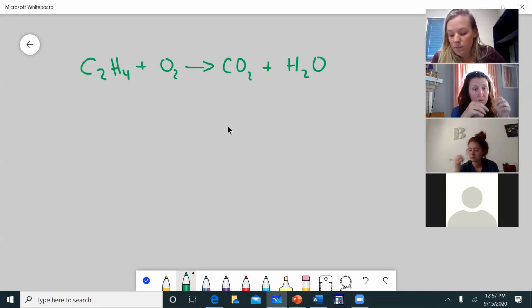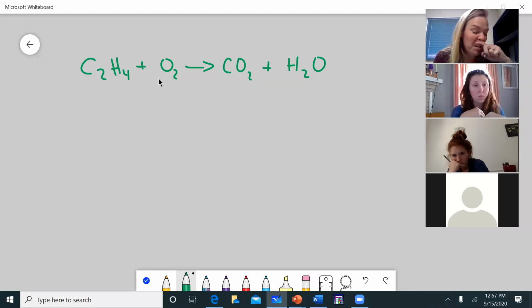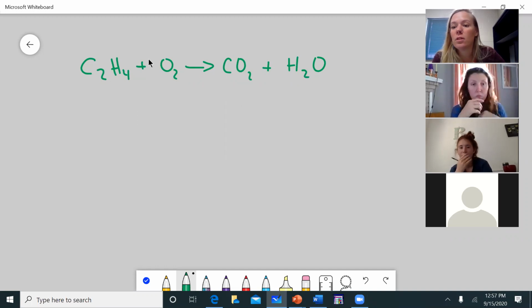So when you have, this is known as a combustion reaction, and we'll talk about combustion reactions a little bit more, but a combustion reaction is when you have some sort of hydrocarbon combining with oxygen and it combusts to produce heat, CO2 and H2O. So you'll see this happen over and over again.